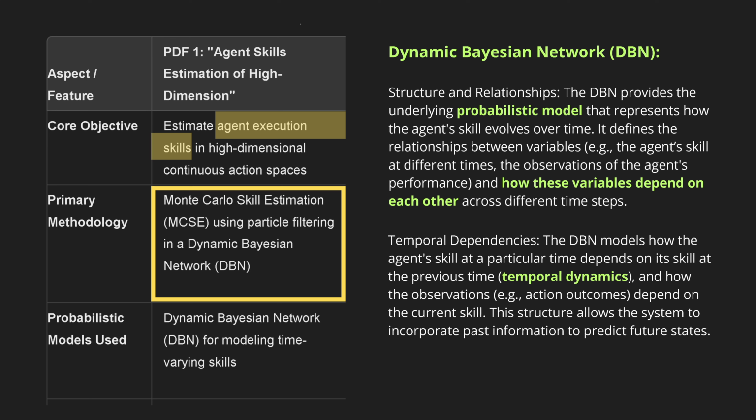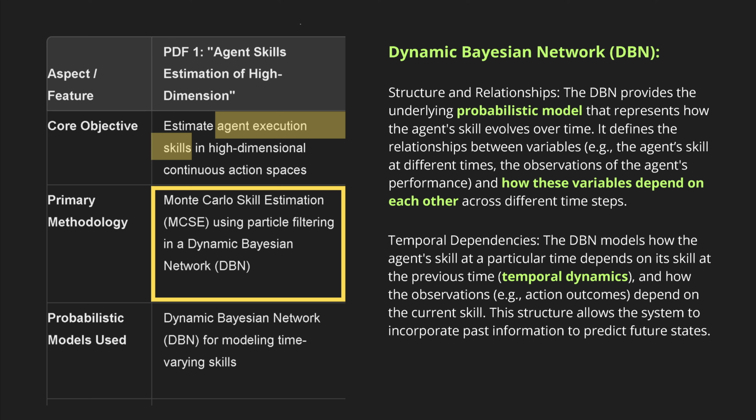And how these variables depend on each other across different time steps. So complexity is a little bit increased since we operate now with different time slices. But in theory, we still use Bayes' theorem. Now, talking about time slices and temporal dependencies, we are working with a temporal dynamical structure because we want to understand the skill at the previous time and how the observations, the action outcomes of our AI agent, depend on current skills.